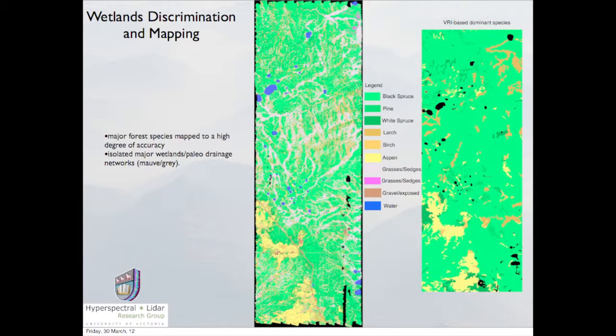There's lacustrine deposits in through here as well, that are superimposed on top of these drainage networks, which is kind of neat, with different vegetation on them. And we see a different type of conifer growth. There's probably white spruce and pine on top of there as opposed to black spruce beside it. So it's pretty neat what you can do once you get up to the 20-meter resolution, and that's the hyperspectral data that corresponds to that again.